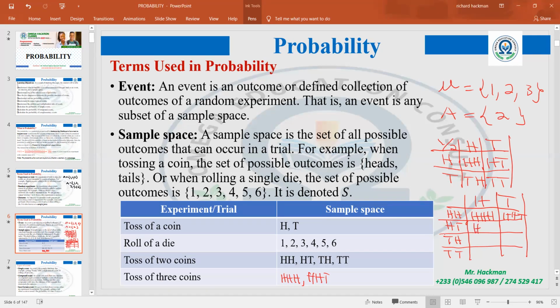If you pick this, it is head, tail, before you combine it with this. So head, head or tail, head. Perfect. So that will give you head, tail, head. The order in which you place these outcomes is not necessary. What is important is that the outcomes should be there.